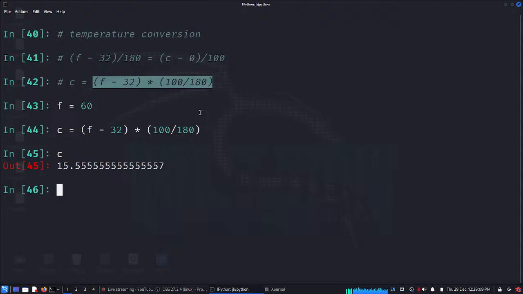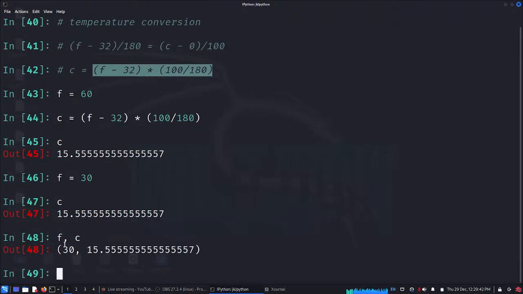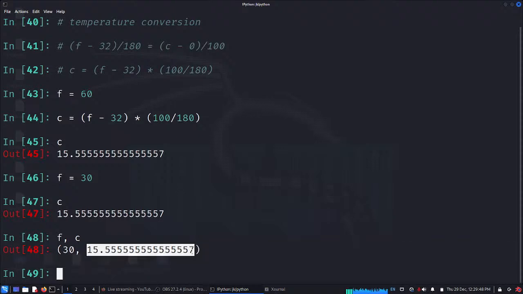Now in a given program we may have to calculate this kind of temperature conversion in different places, maybe in several places. Suppose I say F equal to 30, and then if I just say C, this F is 30 and this C corresponds to the earlier 60.